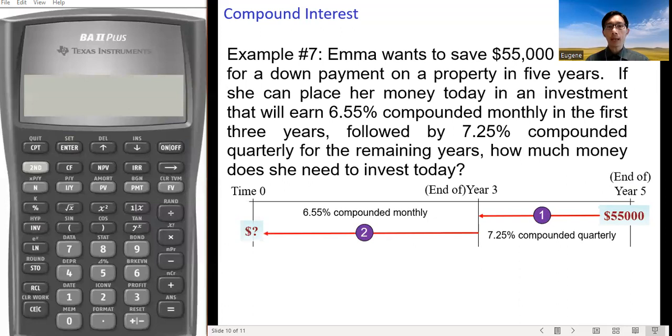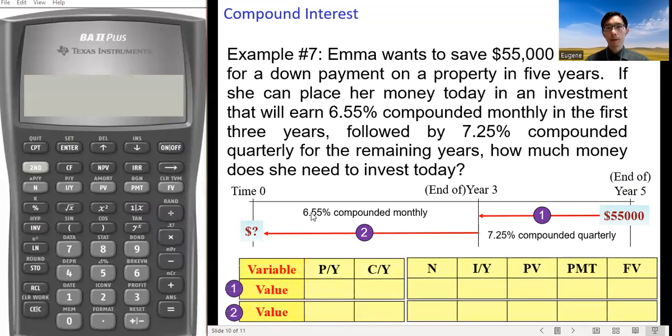And this is the second time segment. In this second time segment, the interest rate is 6.55% compounded monthly. So we are doing the calculation backward in time. In the first time segment, the interest rate is 7.25% compounded quarterly. So PY and CY is 4.